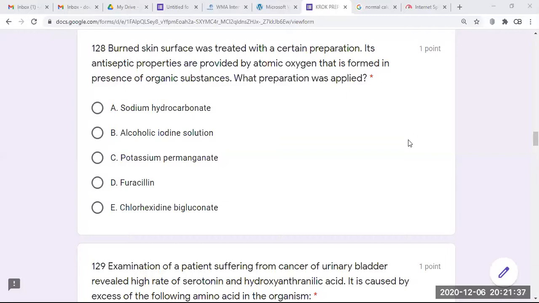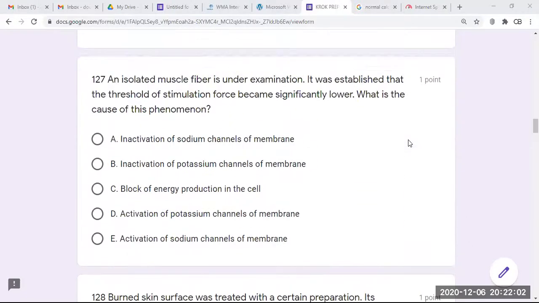When skin surface was treated with a certain preparation, its antiseptic properties are provided by atomic oxygen that is formed in the presence of organic substance. What preparation was applied? So when you send potassium permanganate into the cell, it is converted to some of these free radicals.